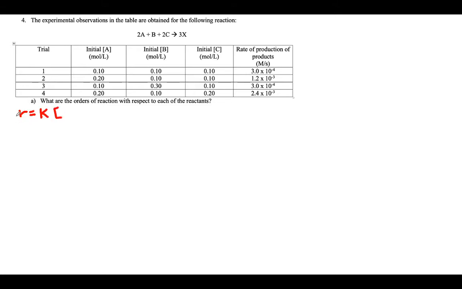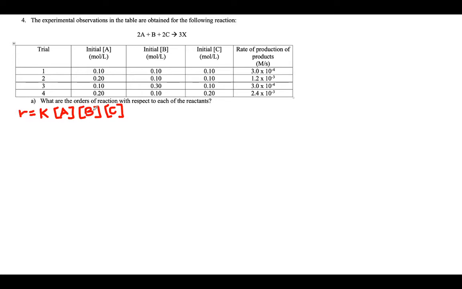So what we know is that R is equal to K, which is a constant. We'll talk about that in the next section, times the concentration of A, times the concentration of B, times the concentration of C. But something that we need to note is that the way that concentration of A affects the rate might be different than the way that the concentration of B affects the rate.